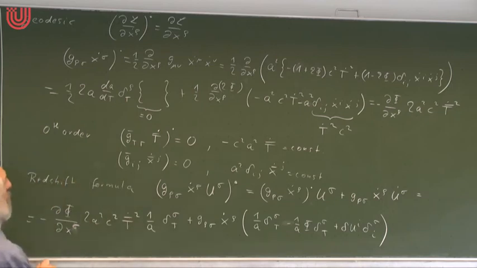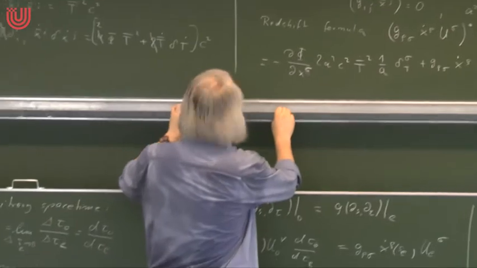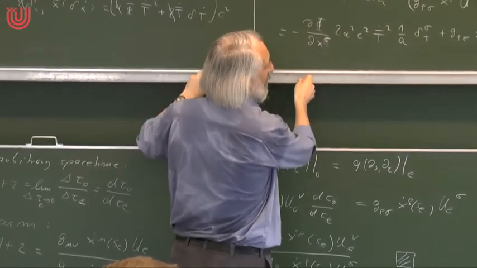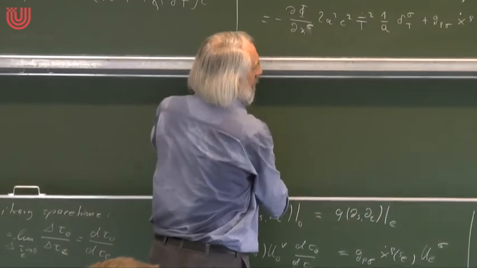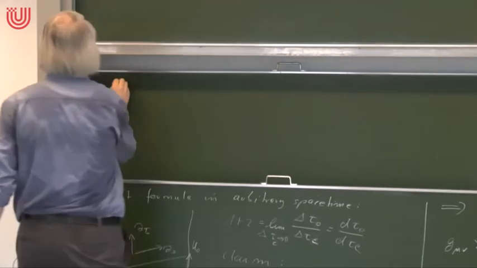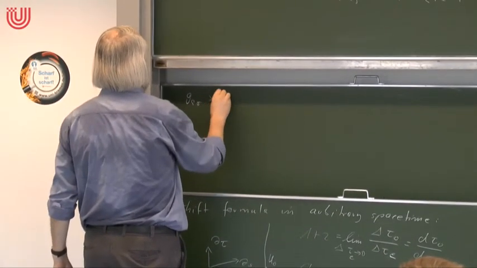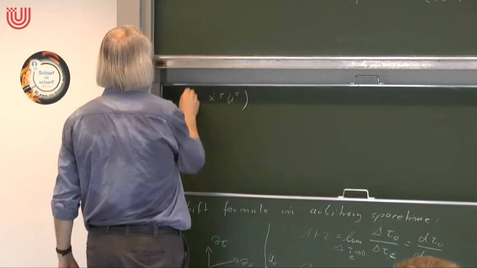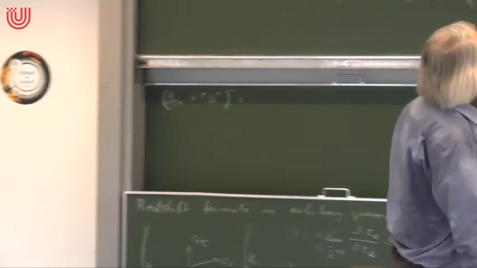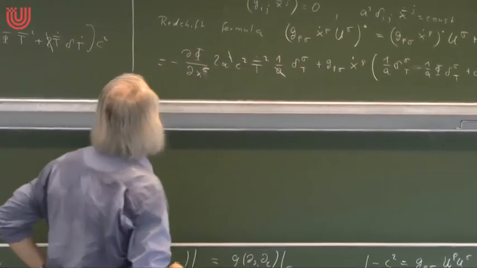Okay, and yeah. Now we are more or less done. So let me continue with this expression. What we are calculating is this here, x^rho dot u_sigma, and the derivative of this is this here. 1 over a cancels.